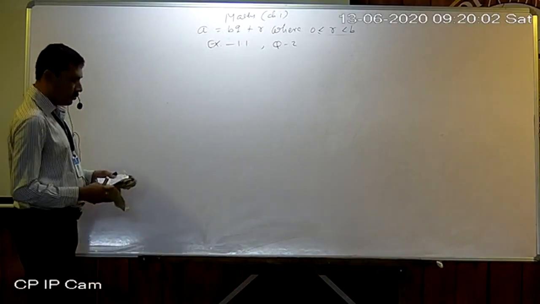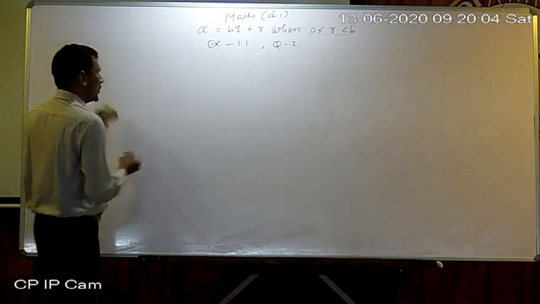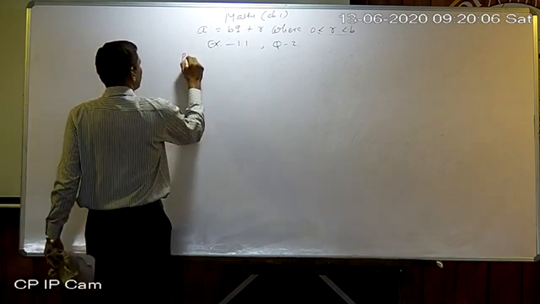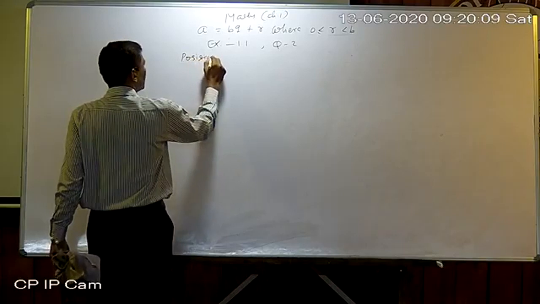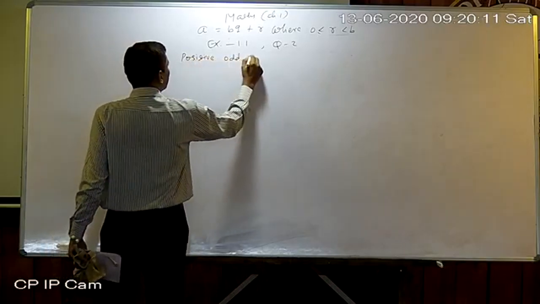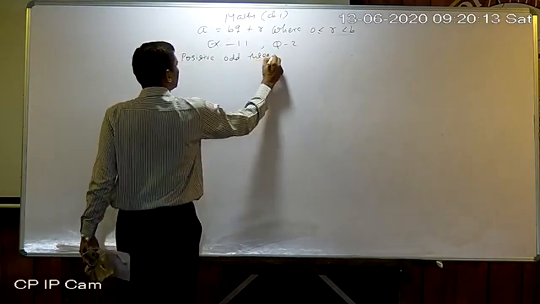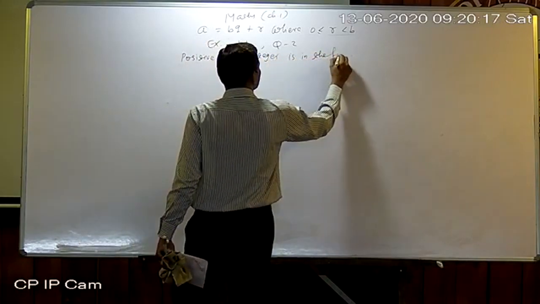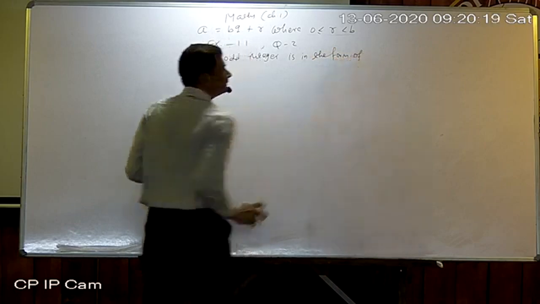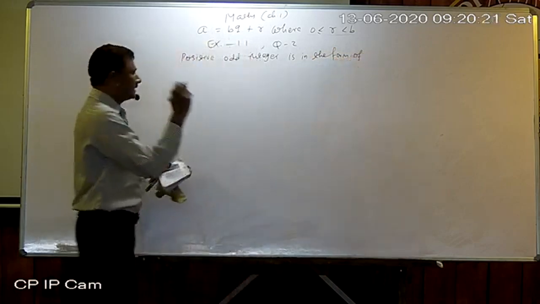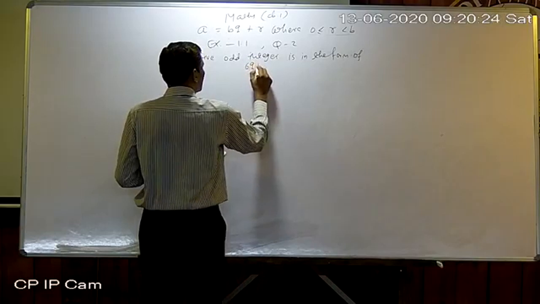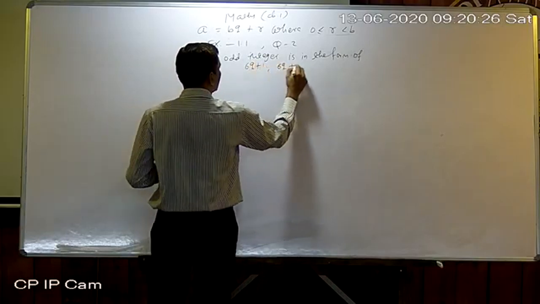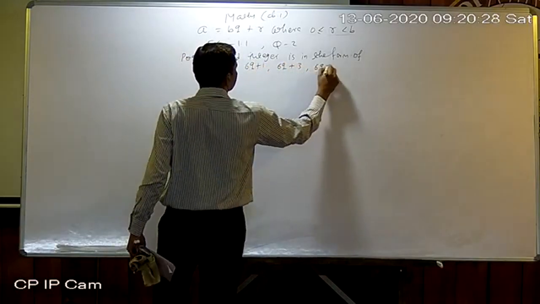Any positive odd integer is in the form of what? 6q plus 1, 6q plus 3, 6q plus 5 only. We deal with positive numbers only.